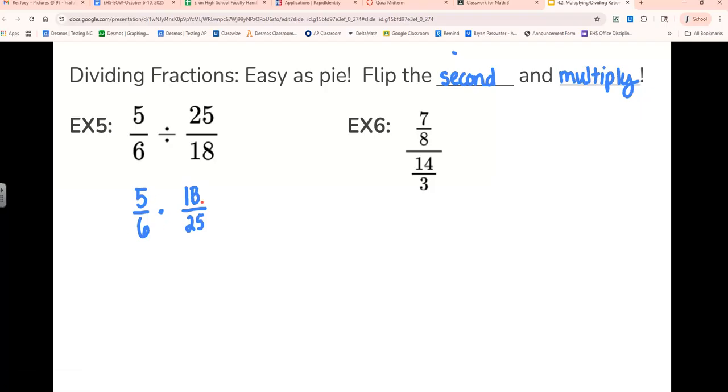So if I reduce before I multiply, 5 right here is a 1, the 25 is a 5. 18 and 6 are both divisible by 6, so 18 divided by 6 is 3. 6 divided by 6 is 1. If you do this ahead of time, then you don't have to reduce your fraction at the end. And most of the time it's easier to reduce when you got small numbers. So you'll have 3/5 because you'll be multiplying 1 times 3, which is 3, 1 times 5, which is 5.